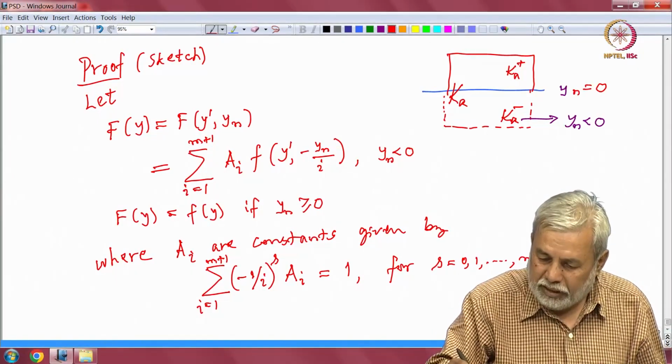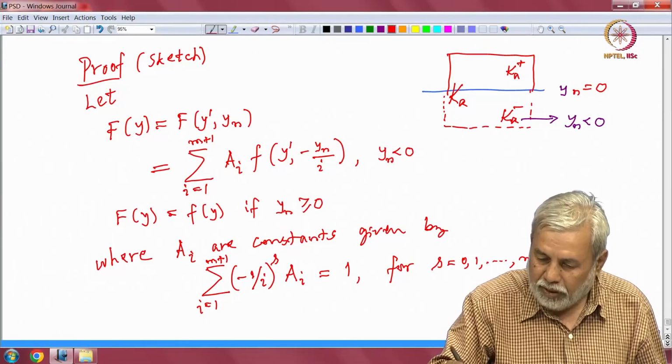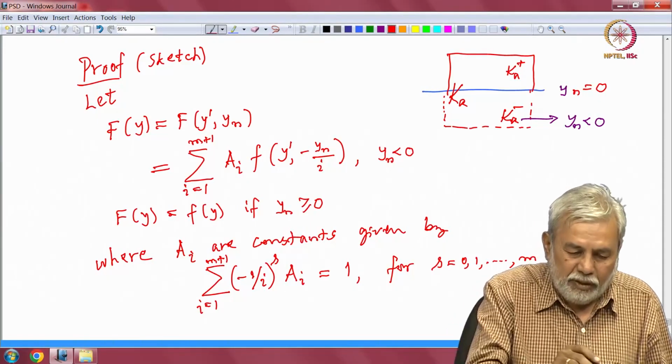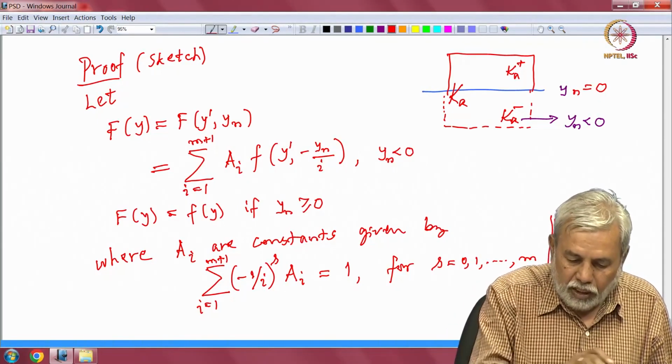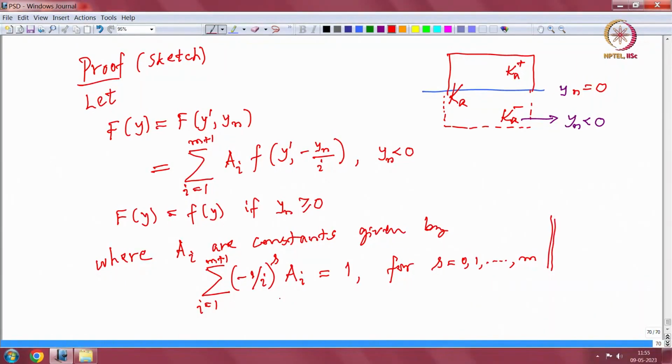So where does this come from? Okay. So the idea is, in order to get these relations, what we have to do is equate the values of f and its derivatives up to order m, okay, from both the sides.